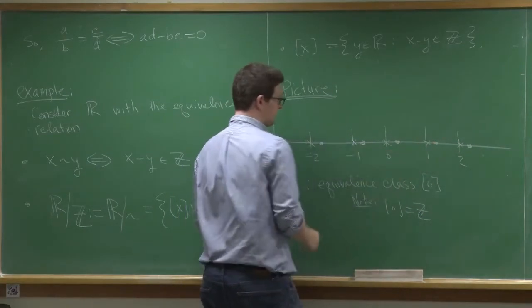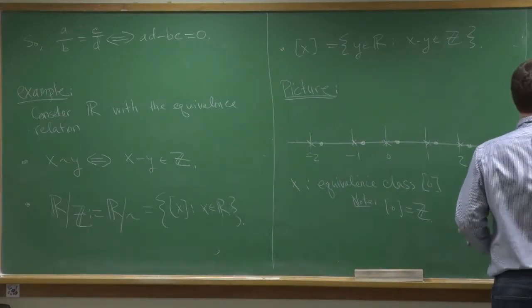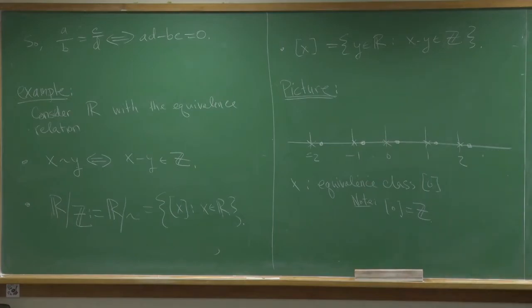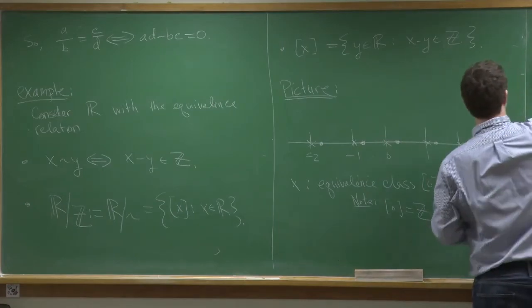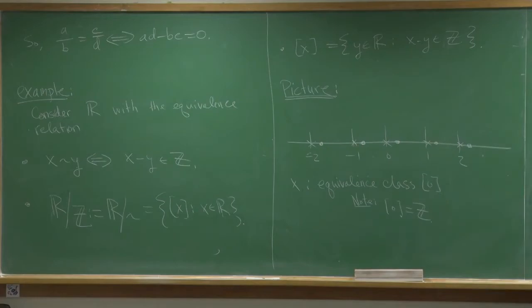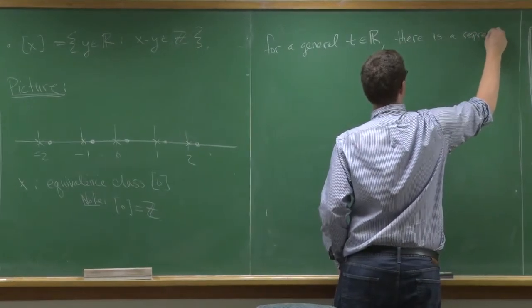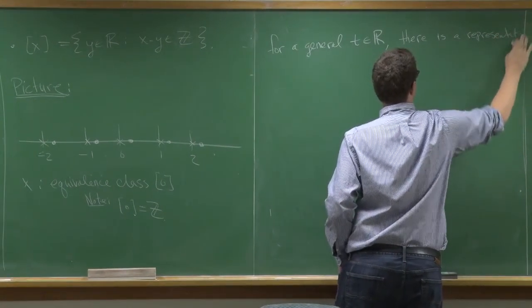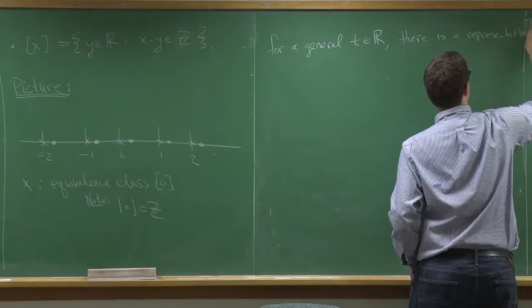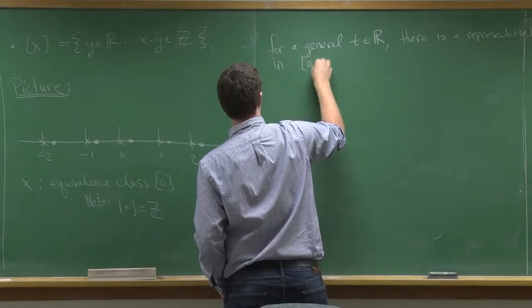All right. In general, for a general guy, the equivalence classes look like this. Observe that they're off by integers. So for a general t in R, there is a representative in the interval, let's say 0 to 1.